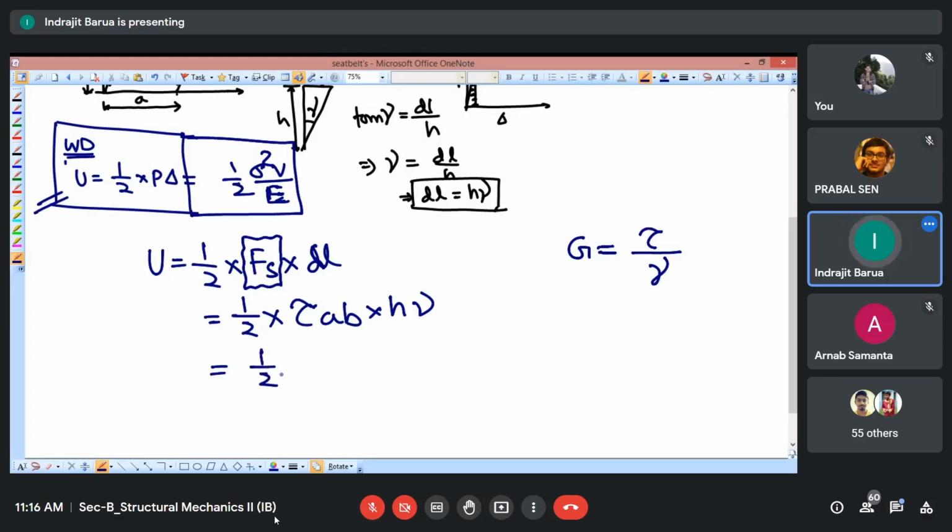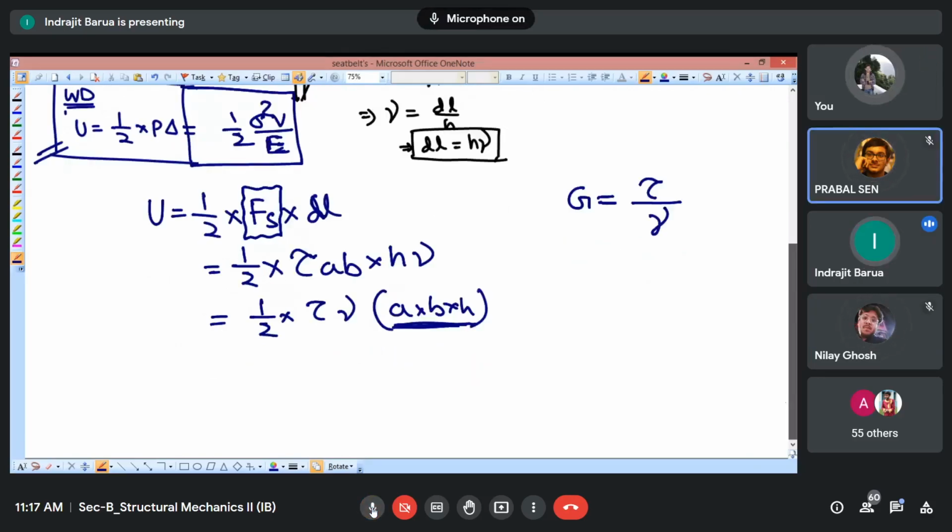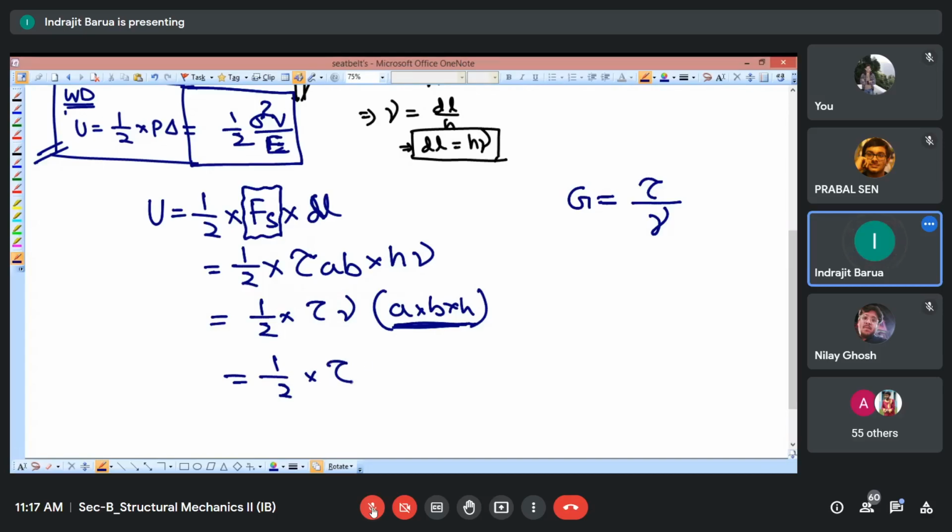So here half into tau into gamma. Here A into B into H I am writing directly. What is A into B into H? V, the volume, right? So half into tau into this gamma equals to tau by G into V, volume.